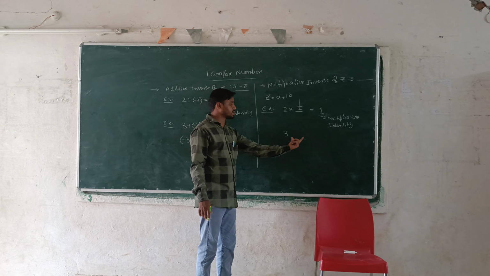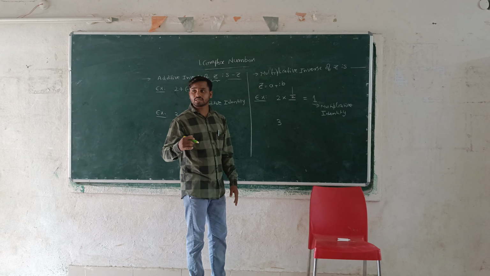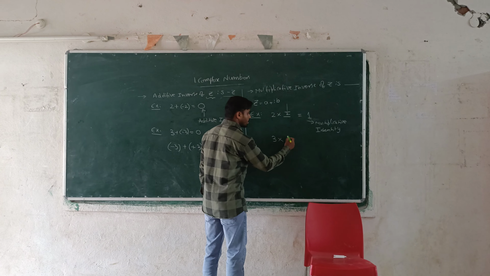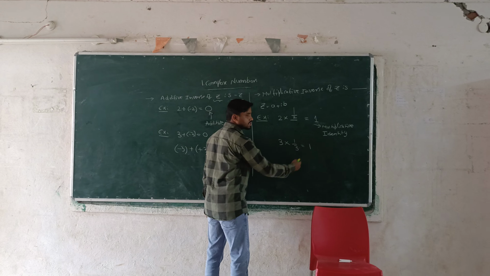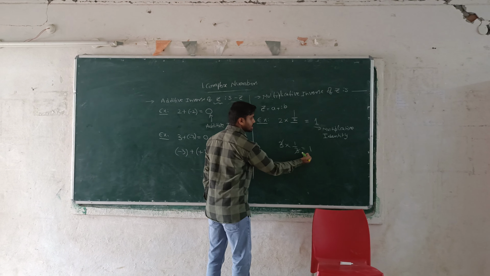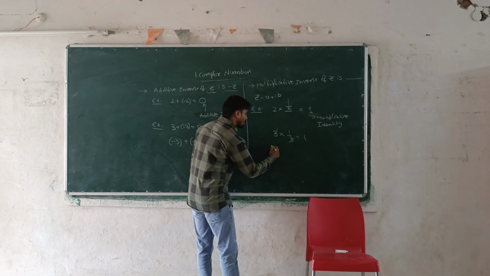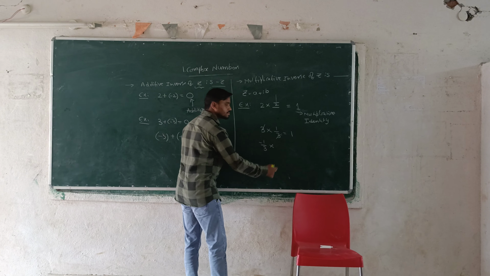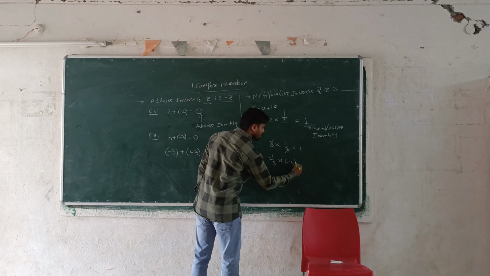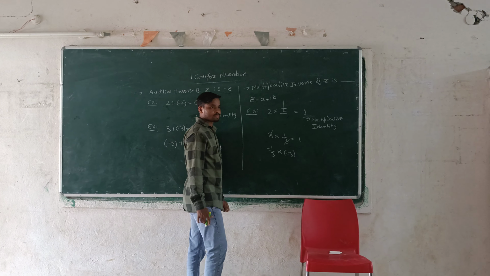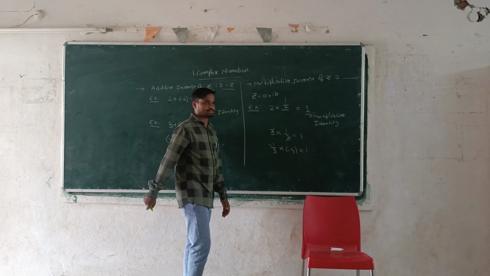It is 1 by 3, because 3 cancels and you get 1. So what is the multiplicative inverse of minus 1 by 3? Minus 3. Yes or no? Because minus minus plus, the 3 cancels and you get 1.